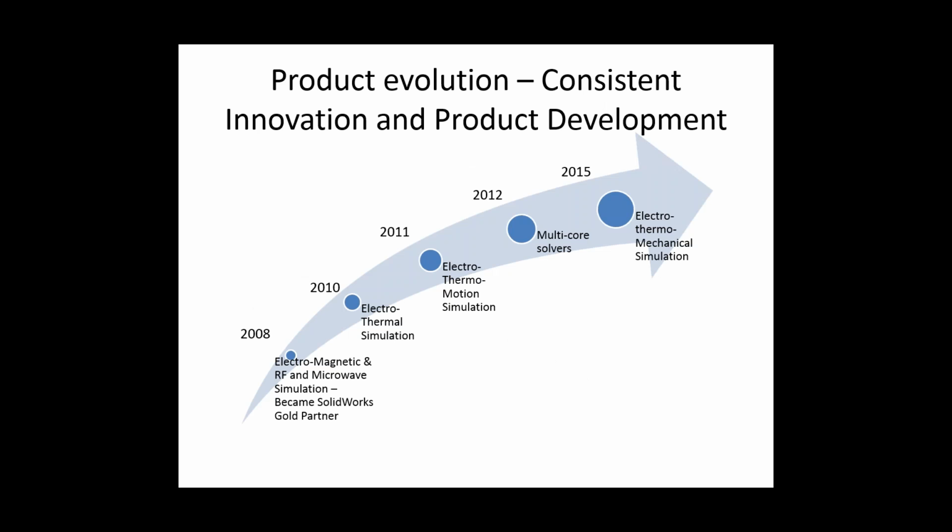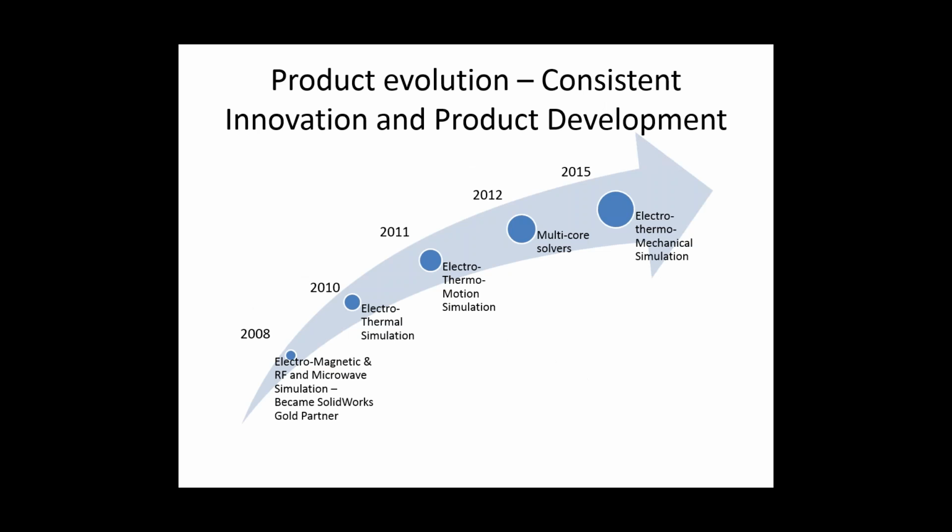As far as our products go, they've evolved quite a bit. Around 2008, we became a gold partner of SolidWorks, and then we embedded our solutions, both EMS and HFWorks, inside SolidWorks. Then in 2010, we added the thermal solutions.